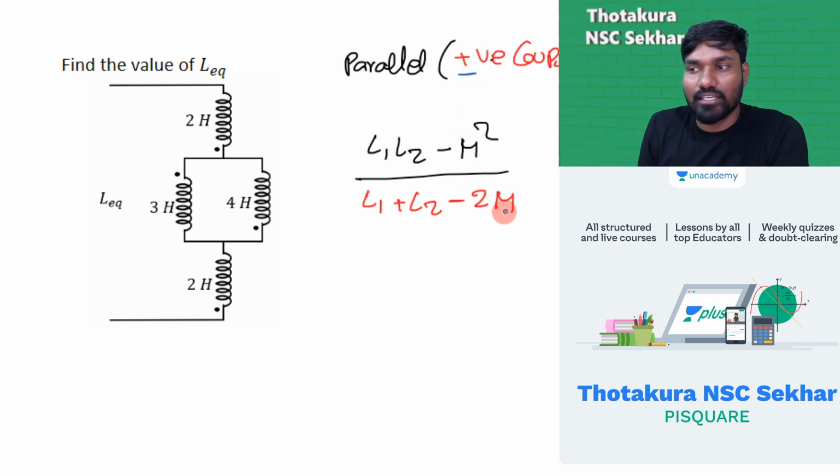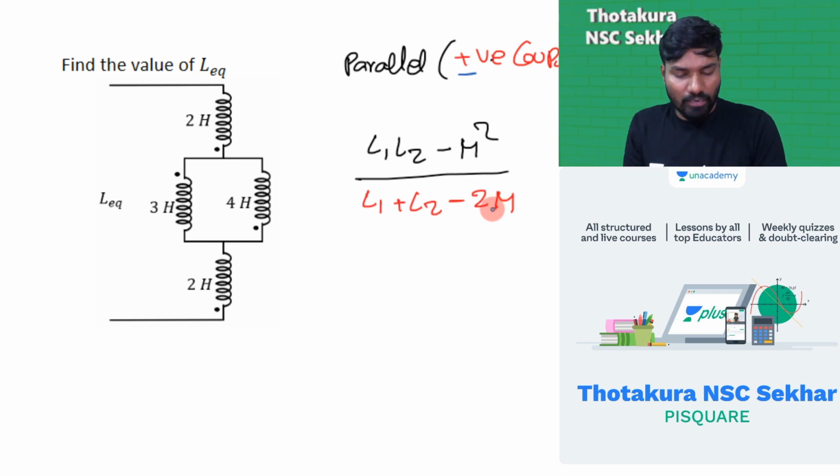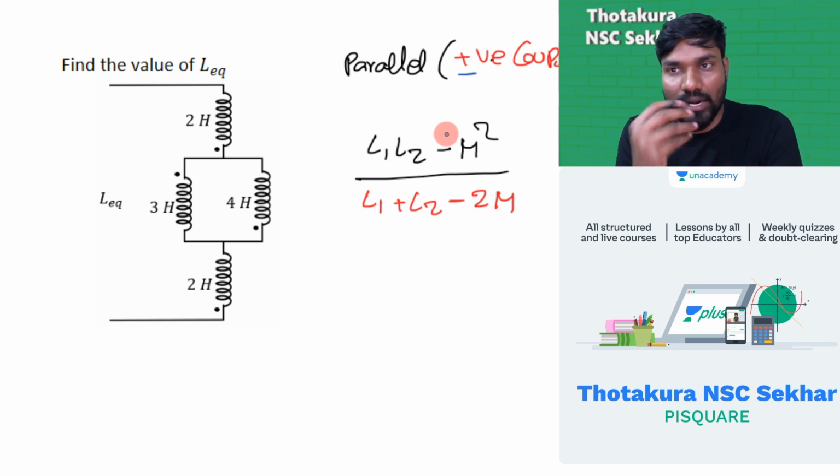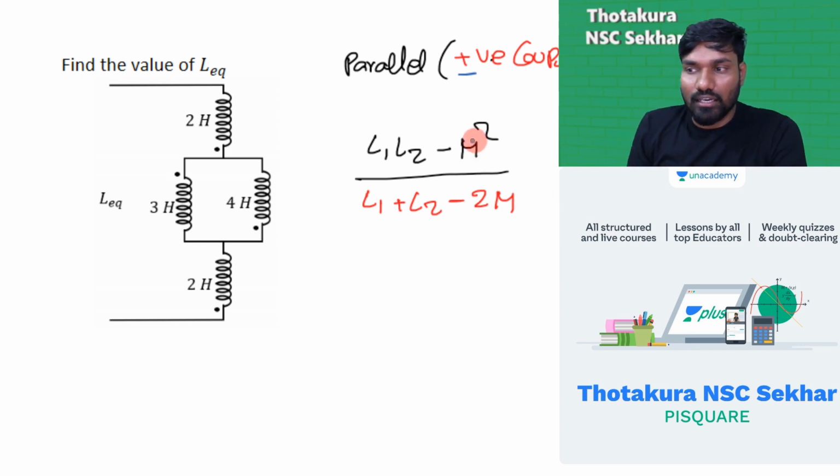For negative coupling, the only difference is, wherever you see M, replace it with minus M. That's it. So here M square, minus M square is also M square, leave it as it is. Here M with minus M, you will get plus here. This is the formula.